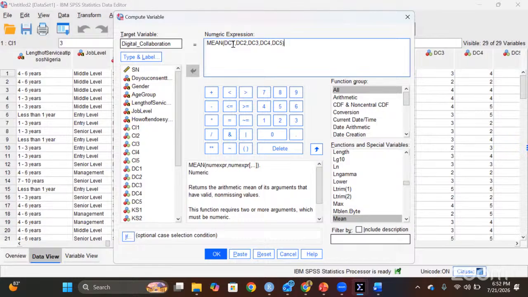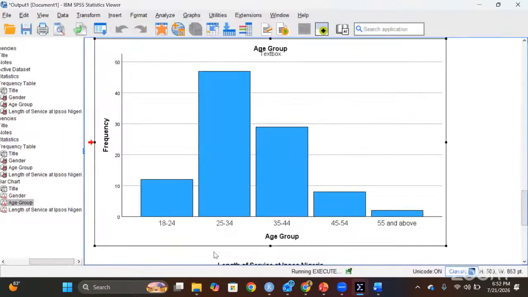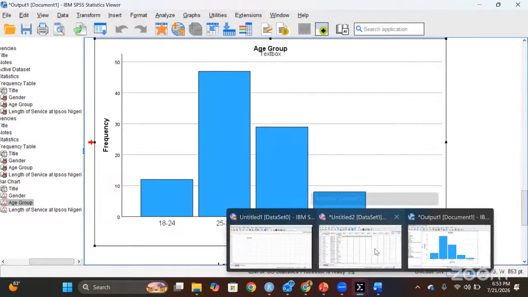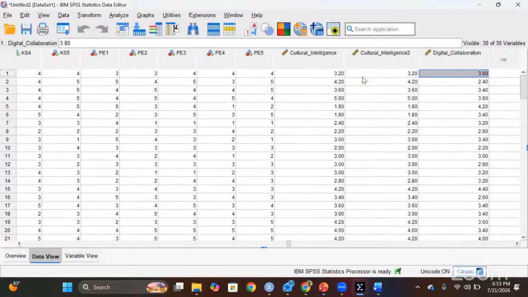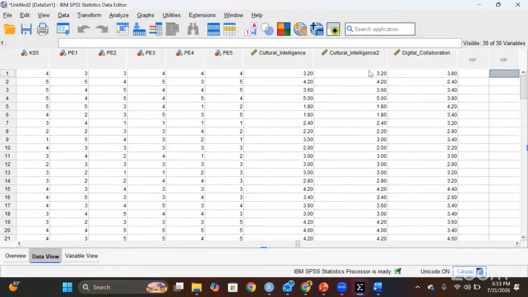Small letter DC is different from capital letter DC. Please, you have to put rapt attention to that. Ensure that. So you can see that now we have the one for DC. Ada, have you seen the answer to your question now?